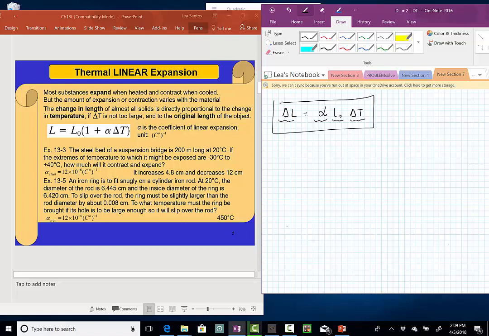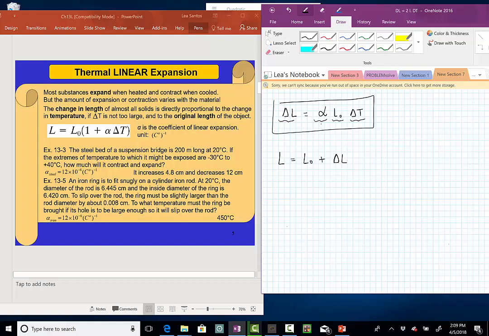And if I want to know the final length of this object, then the final length L will be the initial plus this delta L. This delta L may be positive or negative. Positive if it's expanding, negative if it's contracting.